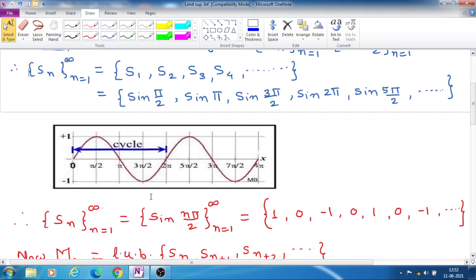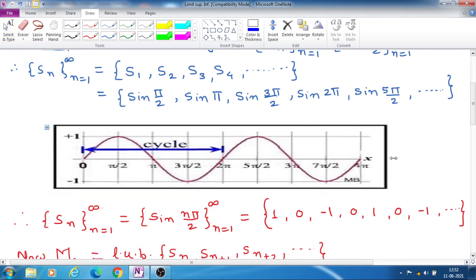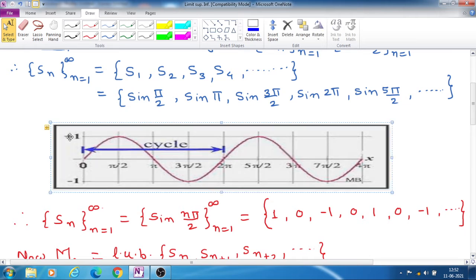So this is the graph of sin n pi by 2. When n is equal to 1, we get sin pi by 2. Here x is equal to pi by 2, and the y value of that is plus 1.